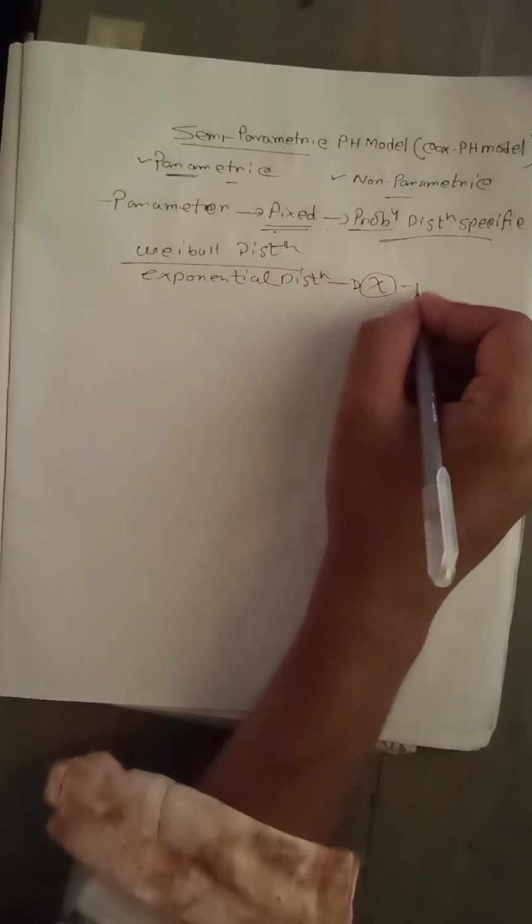You can say that we will have fixed distributions, for example, the Weibull distribution or the exponential distribution, which has a parameter like lambda that is fixed.